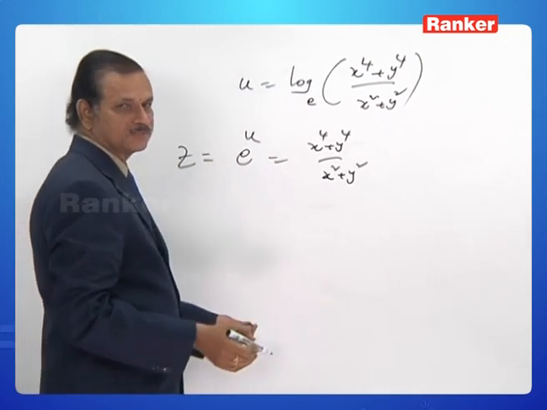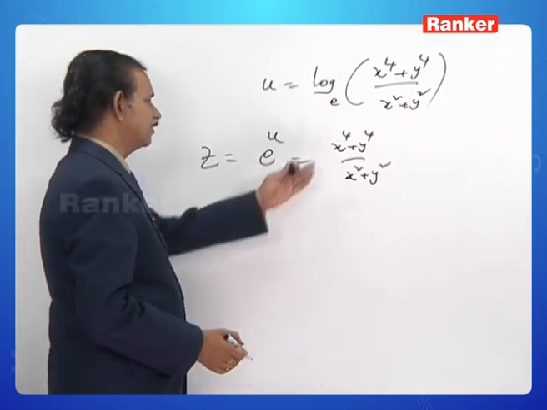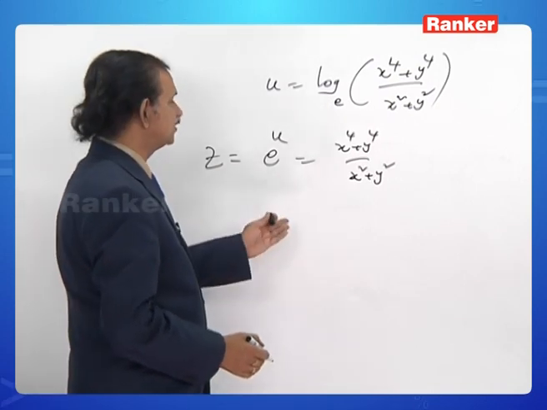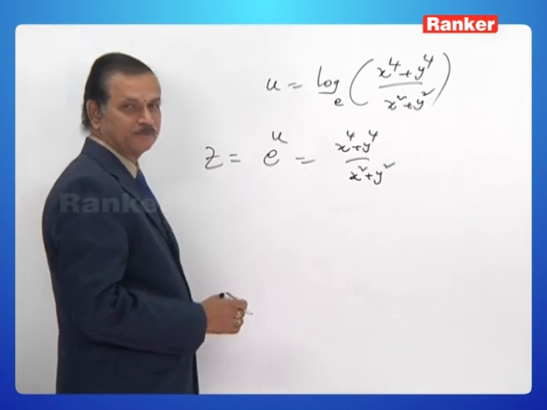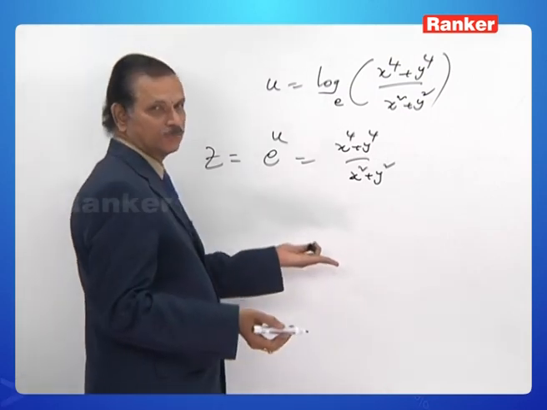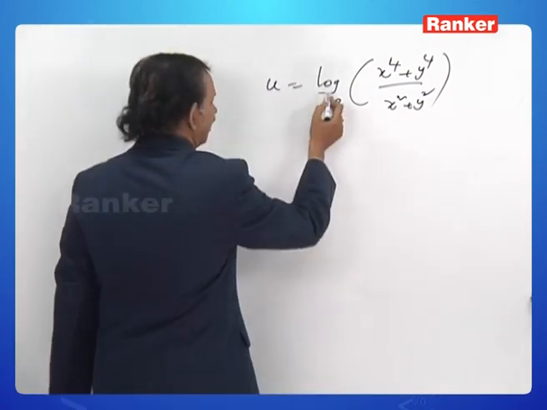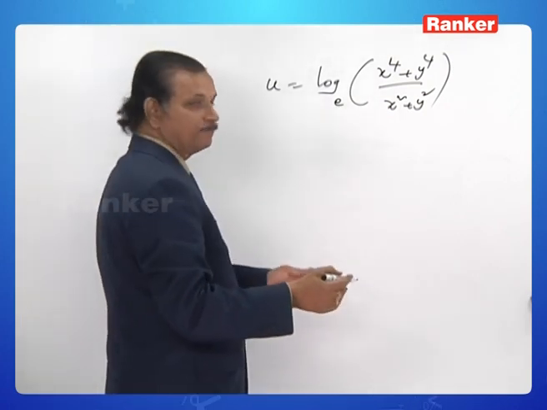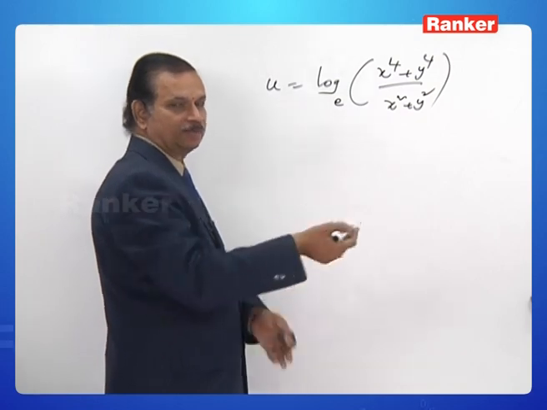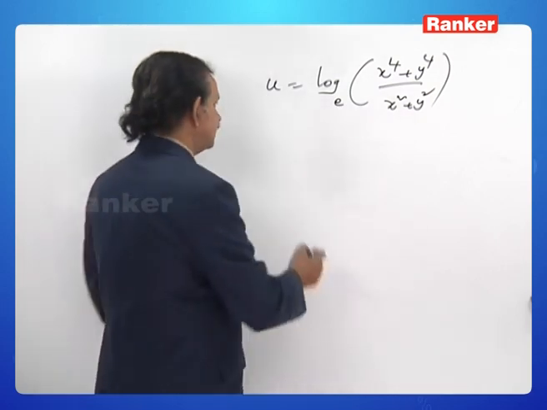Then x dou z by dou x and so on is equal to 2z. 2z is nothing but 2 into e power u. By its derivative is 2, isn't it? It is a logarithmic function. Its inverse is e power u. E power u derivative is e power u. E power u by e power u is 1. So the answer is 2u.